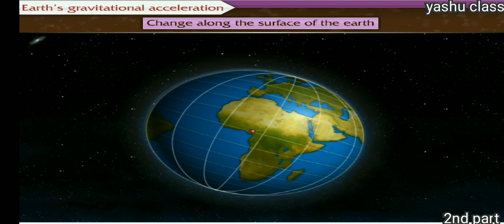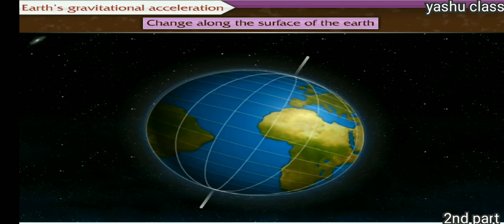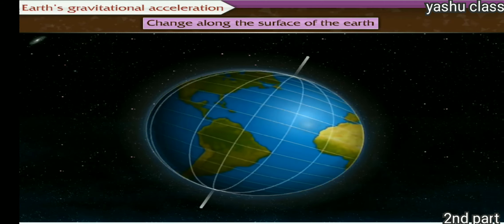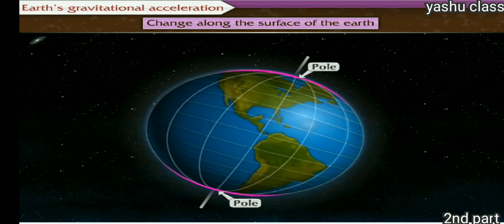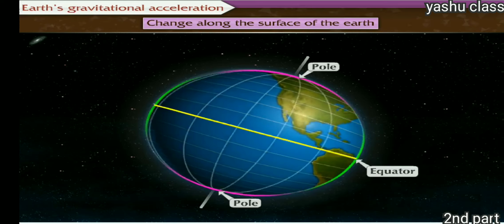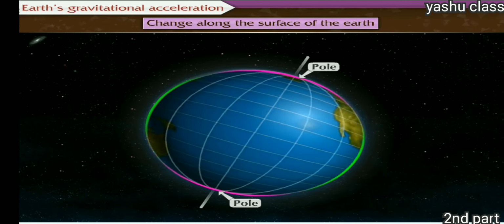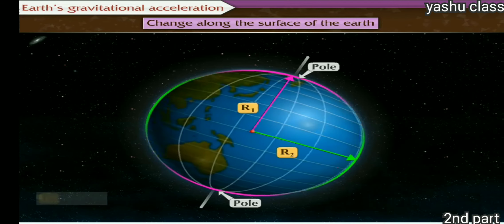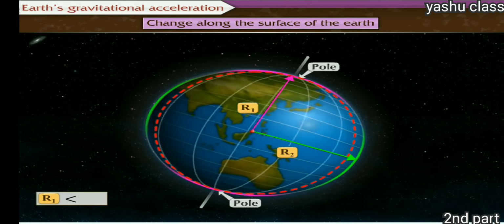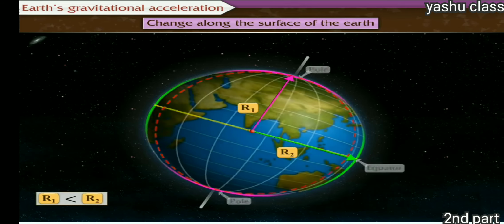Therefore, the distances between different points on the surface of the earth and the center of the earth change from place to place. Since the earth rotates about its own axis, the earth is flatter at the poles and bulges at the equator. That is why the radius of the Earth is smallest at poles and largest at the equator.